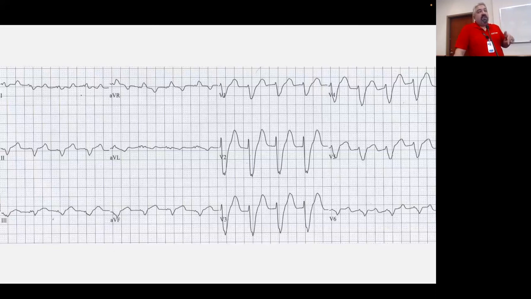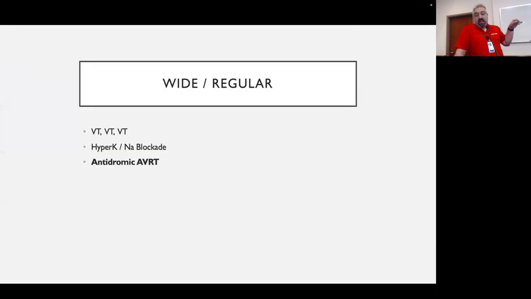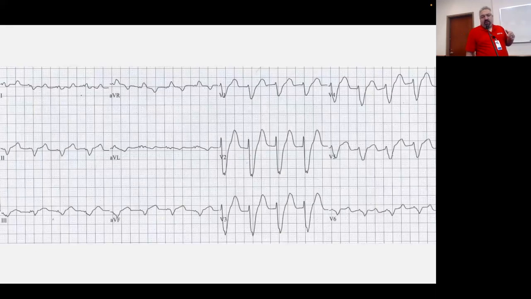It's slow, about 100 beats a minute, and it's wider than one big box, which makes you think more of that tox metabolic. Okay, I believe that one's hyperkalemia. But this is when you're starting to think about, should I get an ISTAT? Am I going to give empiric bicarb to try and see if it narrows?